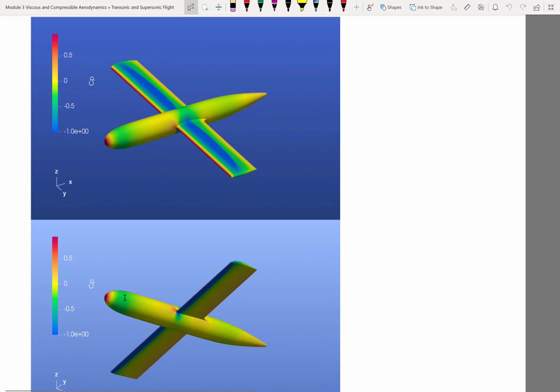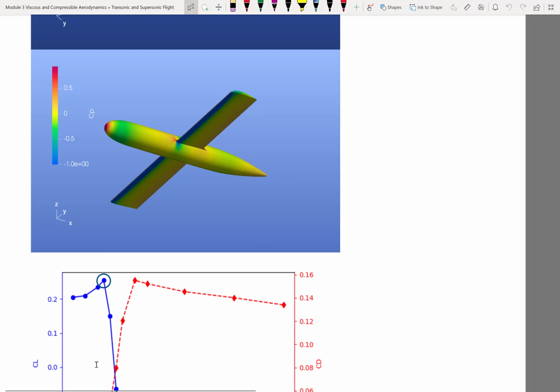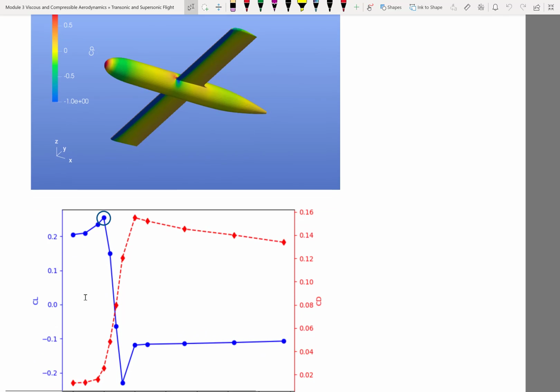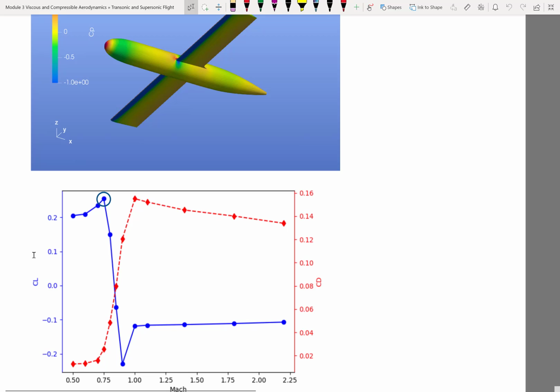What you see is that the pressure coefficient is actually still quite similar to what a subsonic airfoil would look like, although we already see there is a significant effect of Mach number. So the x-axis is Mach number, the y-axis, the blue is the lift coefficient, and the red is the drag coefficient. Okay, we already see that the lift coefficient actually increases for the same angle of attack. And the drag coefficient also is starting to increase, but only a little bit. Much, much less than the dramatic rise as you further increase the Mach number.